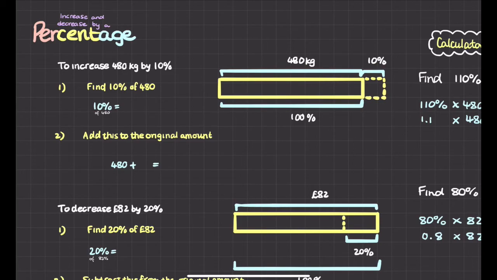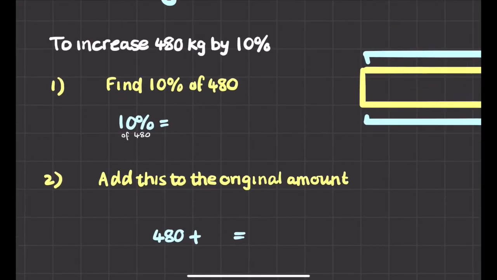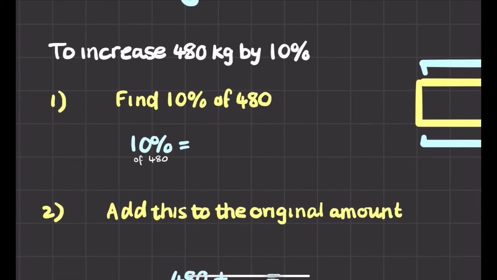So the first thing I need to do is figure out what this 10% is, and then I can add it on to what I had originally. So what is 10% of 480? Well, 10% is the same as 1/10. So if I wanted to know what 10% was, I would divide 480 by 10.